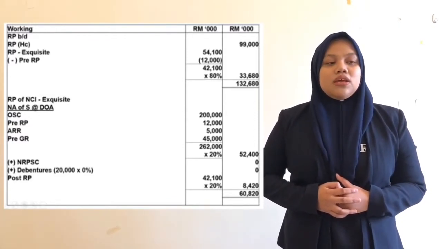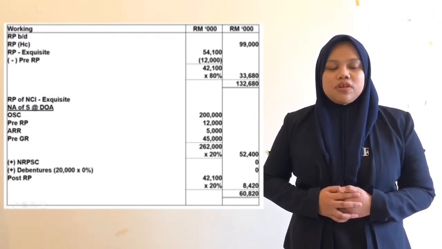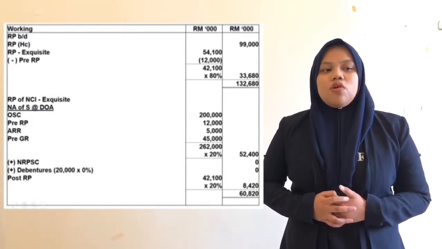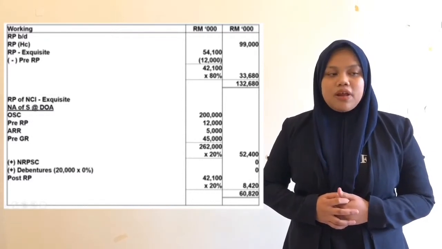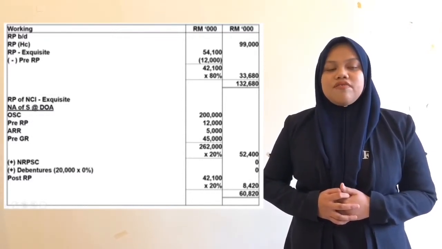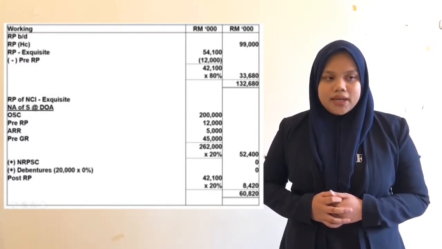For balance b/d for retained profit of NCI, net assets of subsidiary at date of acquisition comprise OSC 200 million plus pre-acquisition retained profit 12 million plus ARR 5 million and plus pre-acquisition general reserve 45 million, and the total is 262 million.